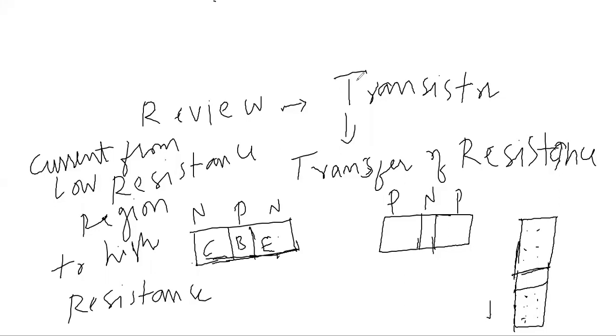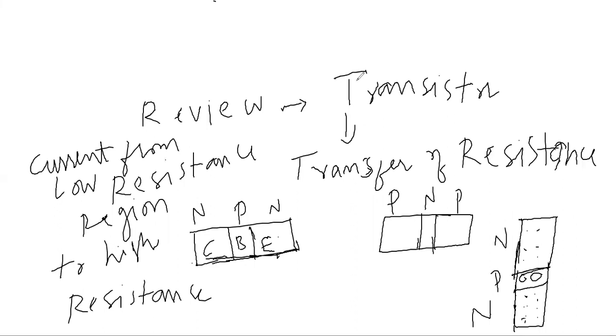If this is an NPN transistor, the base has a very low concentration of the majority carrier. For example, it is p-type material, so it has a small number of holes.